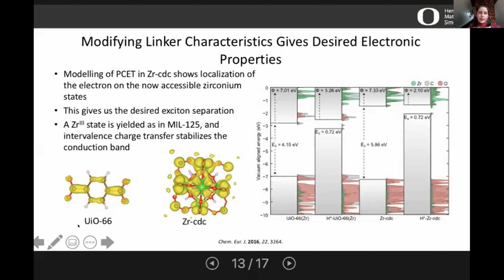So in UiO-66, our newly added electron is localizing directly on the linker, a little bit easier to picture than just the little organic peak in our DOS plot. But in zirconium CDC, our added electron is delocalizing all throughout our inorganic secondary building unit, which is going to give us the stabilization that we desire.